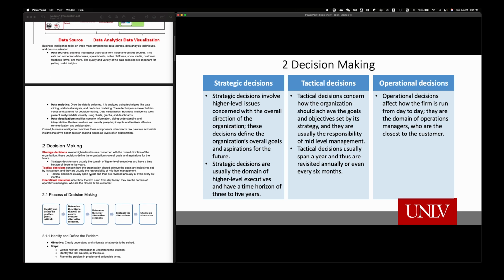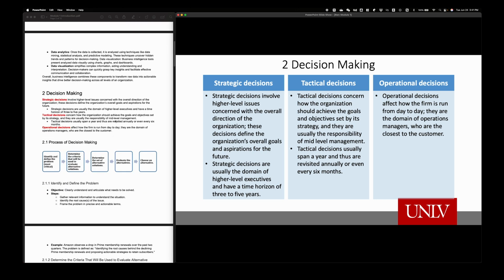In terms of decision making, there are three types of decisions. The first one is strategic decisions, which involve higher level issues concerned with the overall direction of the organization. These decisions define the organization's overall goals and aspirations for the future.